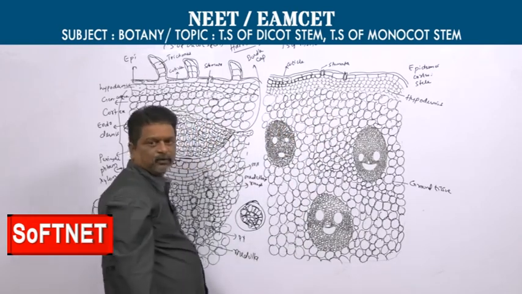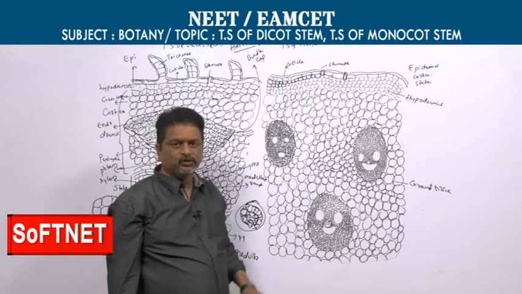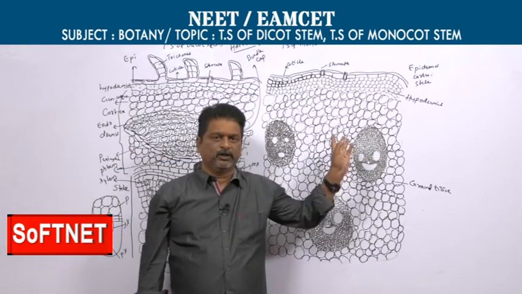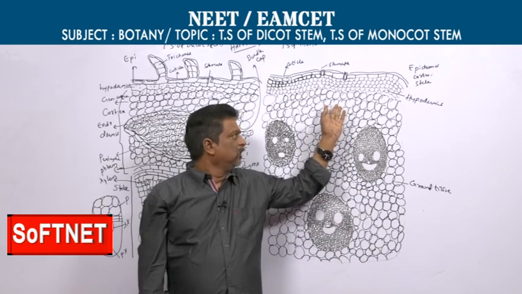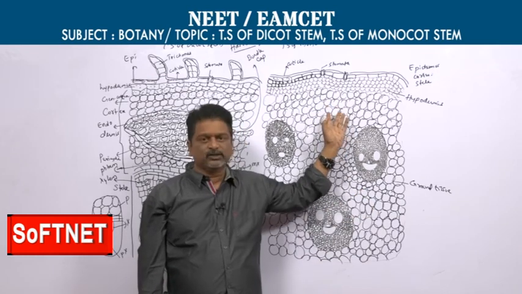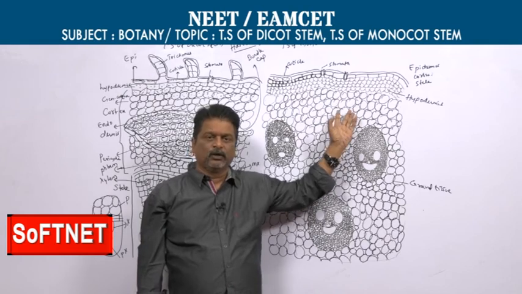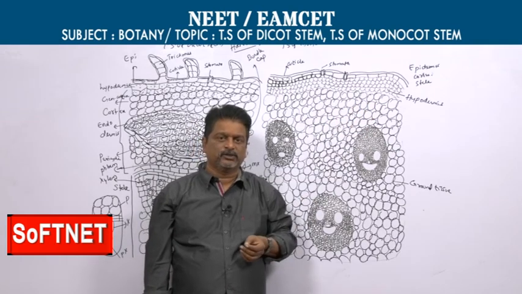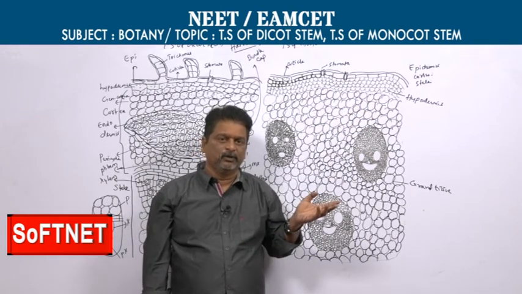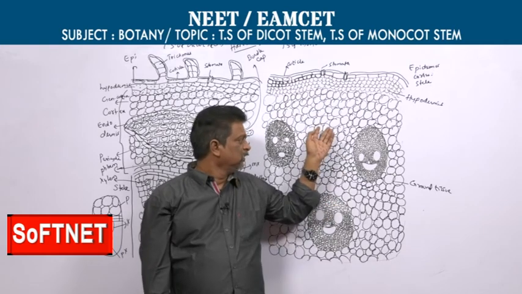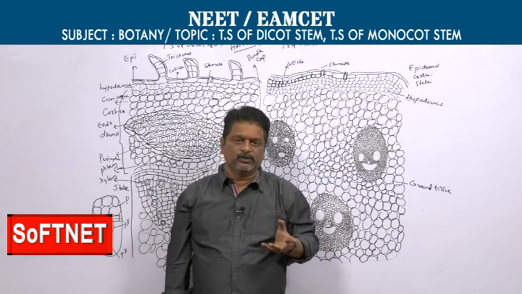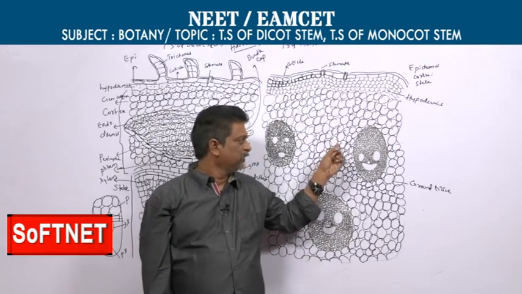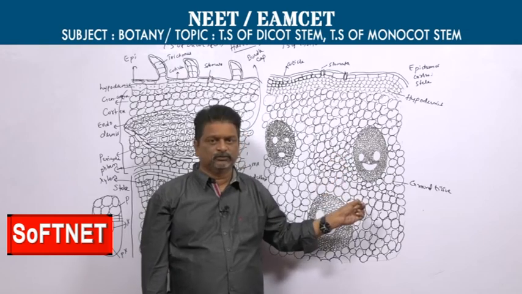Then, the outer cells are larger, and the outer cells contain chloroplast, so they help in photosynthesis. Inner cells are smaller. They contain leucoplast, so they help in storage.